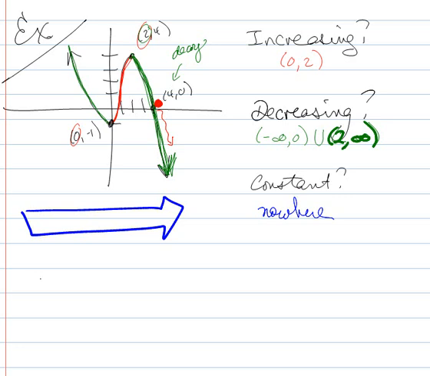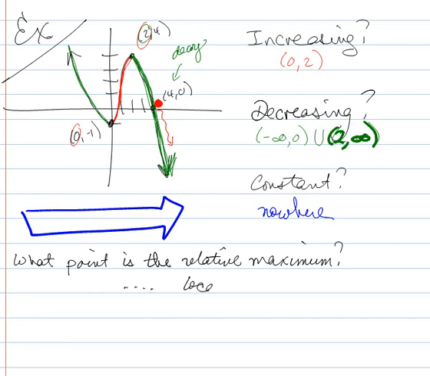Your book is going to start asking you questions like this, and they're going to ask them funny. This is how I'm going to ask it to get started. I'm going to say, what point is the relative maximum? Another way of saying it is, what point is the local maximum?